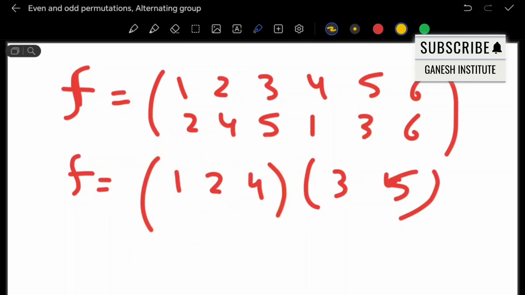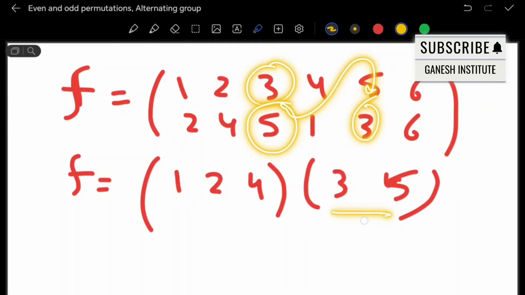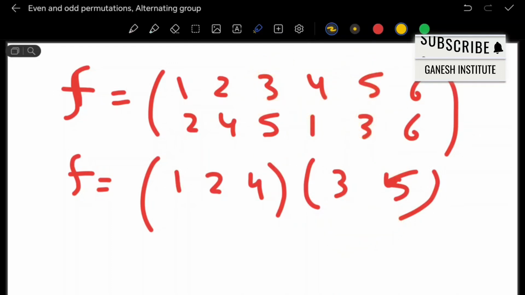Then another one is 3 connected with 5 and 5 with 3. And 6 is connected with 6, because we know that the set has the elements 1, 2, 3, 4, 5, 6, so this one is on its own.